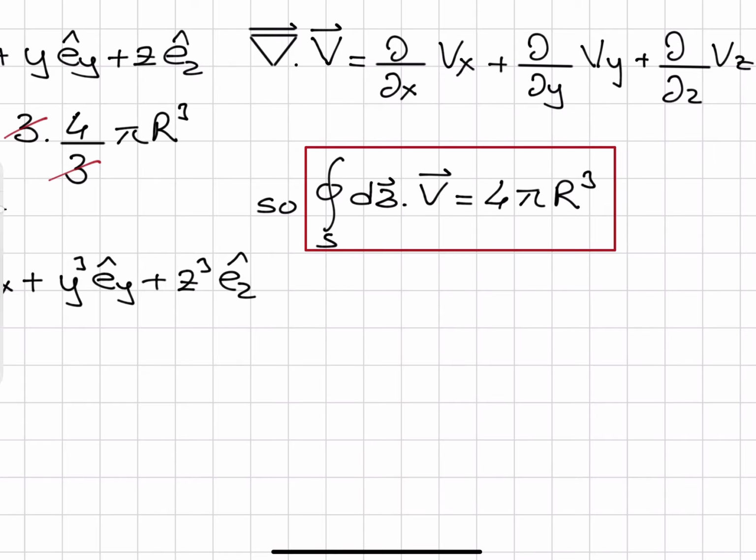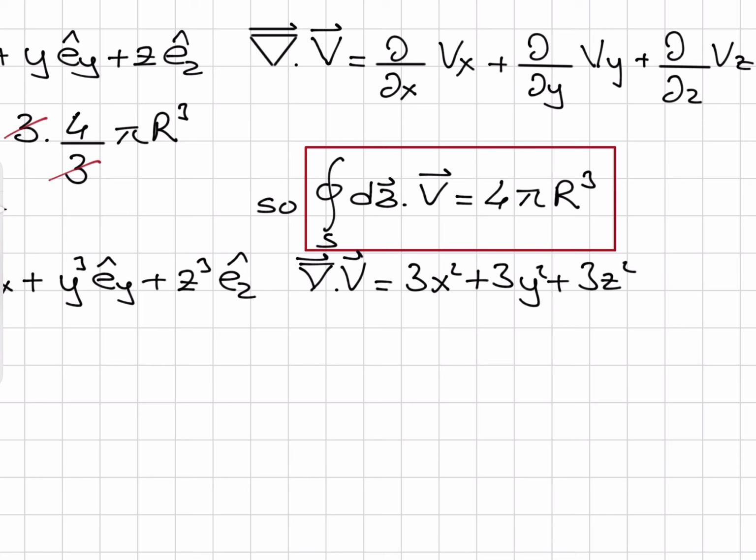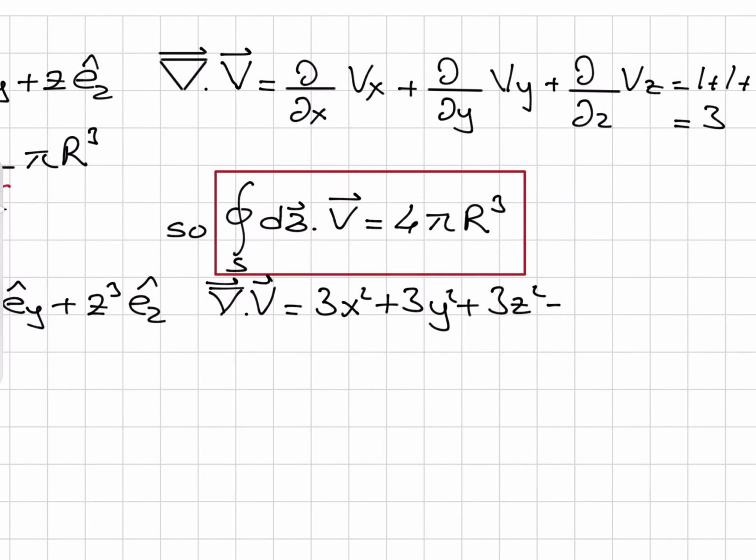Okay, so for the divergence of V, I take the x component's x derivative, I obtain 3x squared, the y component's y derivative, 3y squared, and 3z squared for the z component, which is 3 times (x squared plus y squared plus z squared), which is 3r squared.